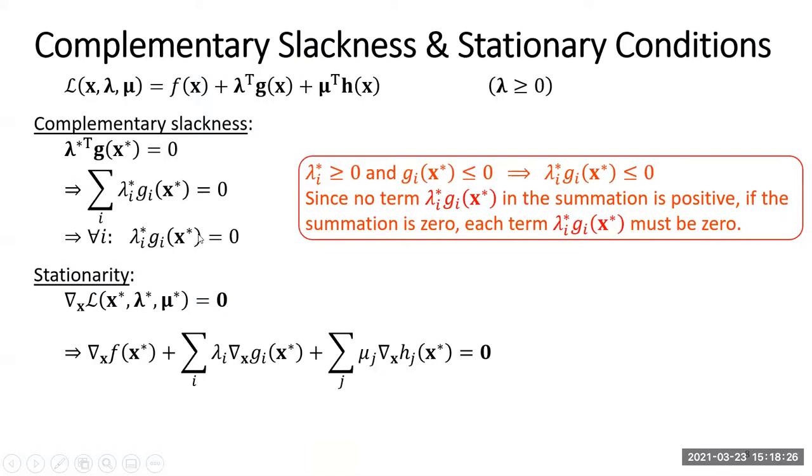So we just looked at the case where g_i of x star equals 0 and lambda i star was strictly greater than 0.